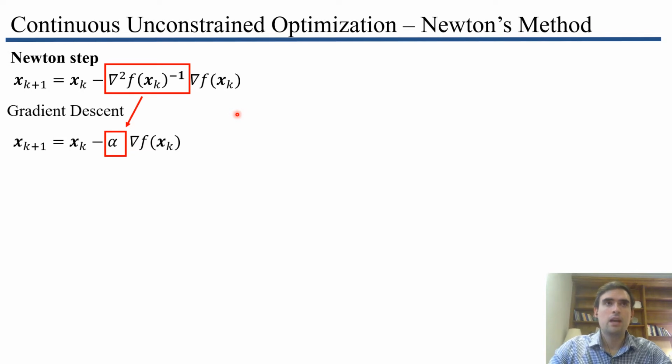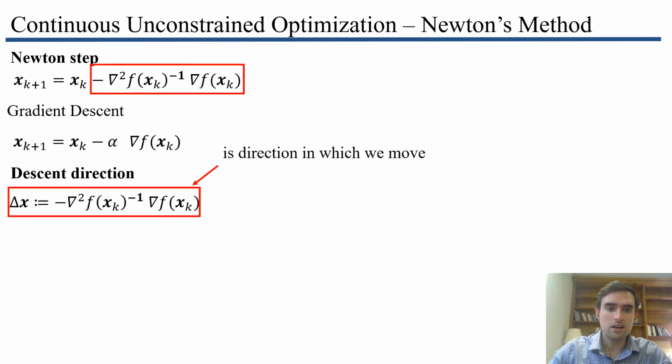system. And the idea here is that this is going to allow us to capture the curvature of the problem, and this will help us converge very fast to an optimal point. But the question that we want to ask ourselves is, how do we know that this is a decreasing direction?